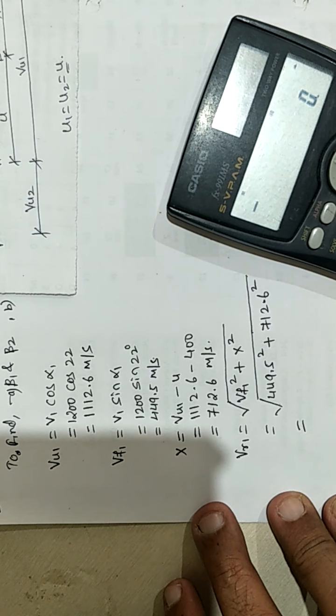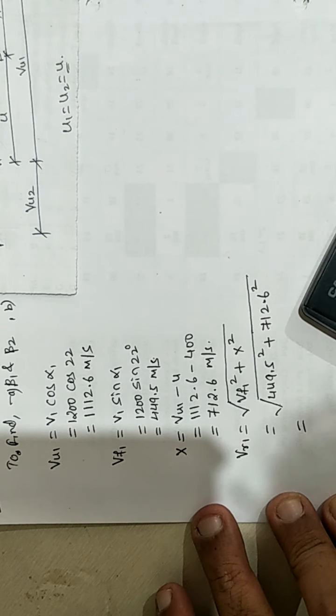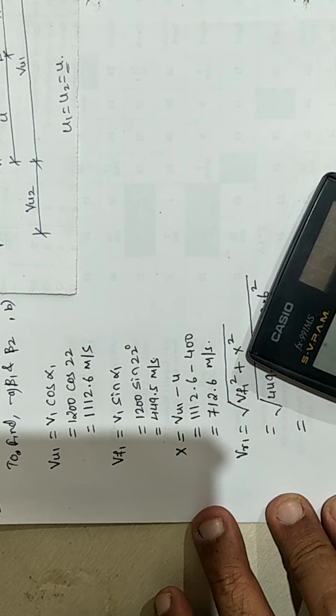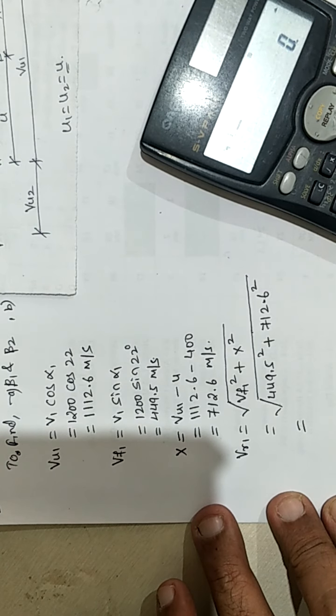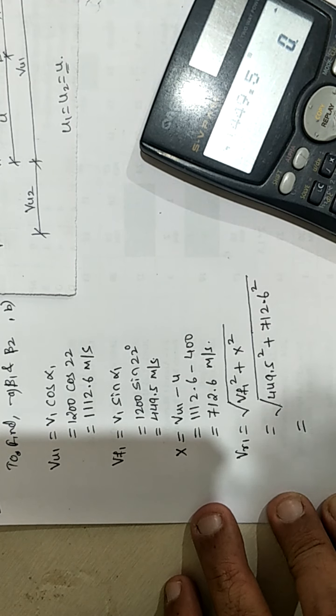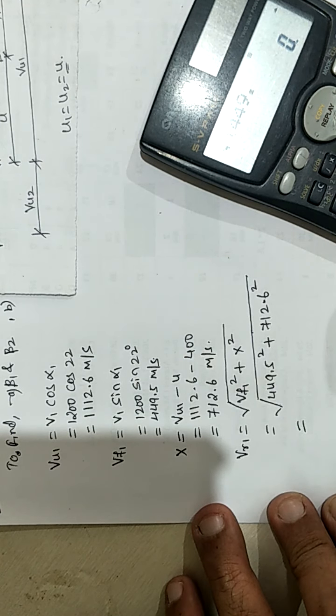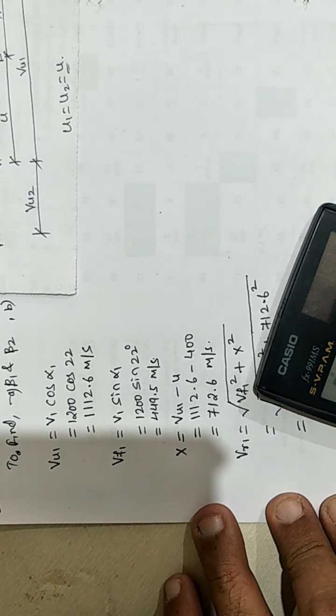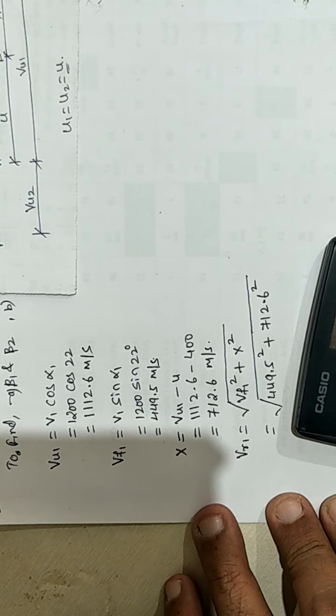So square root of, in brackets, 449.5 square plus 712.6 square, bracket close.